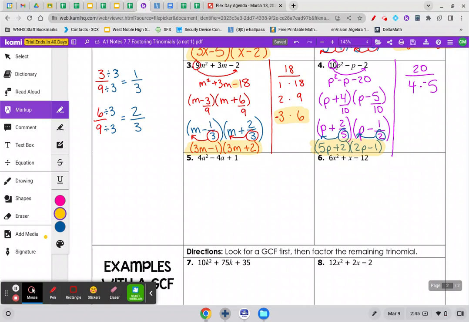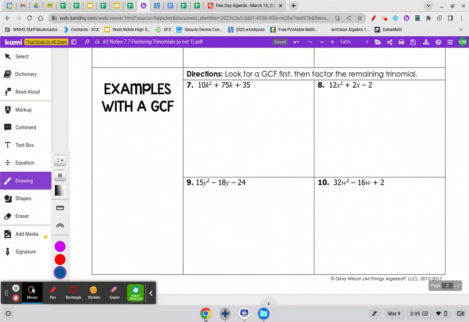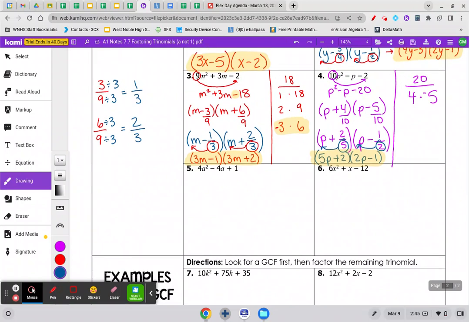We'll continue on to question 5. I take my a term and I multiply it back, slip it back. I have a squared minus 4a plus 4. Factors of 4 that will get me to negative 4 are 2 and 2.